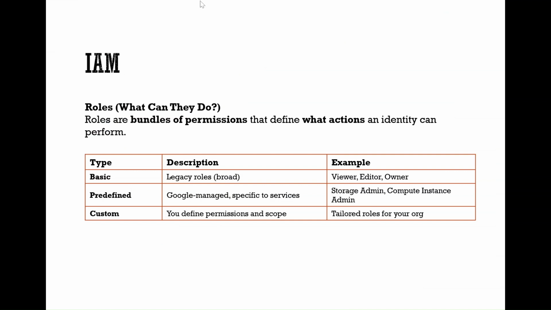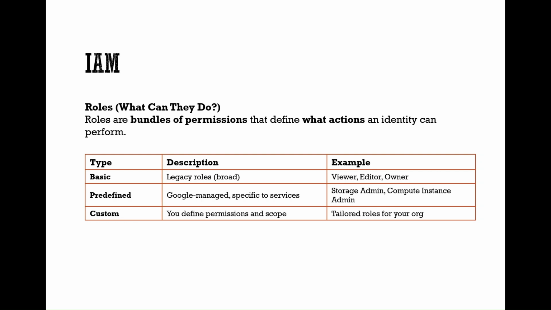So a bundle of permissions creates a role, and these roles are then attached to an identity. In our case, it can be a user, a group, a resource or a service account, and then that resource will behave according to the permissions.